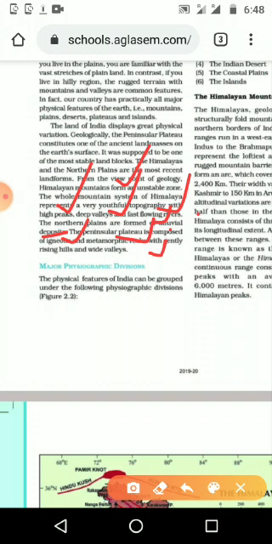So in the peninsular plateau we can see small hills made up of igneous or metamorphic rock, and we can see wide valleys also, not deep valleys but wide valleys.